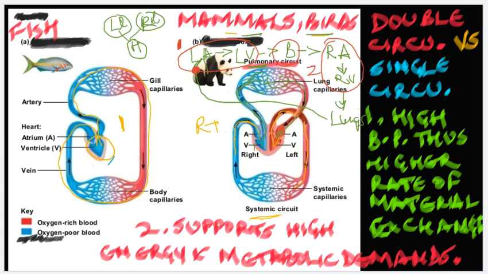During this single trip across the circulatory system, the blood has visited the heart twice, once here and once here, right? So such a circulatory system in which blood, in order to complete one journey across the circulatory system, visits the heart twice, is called a double circulatory system.